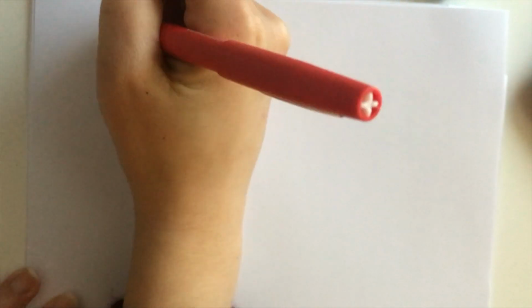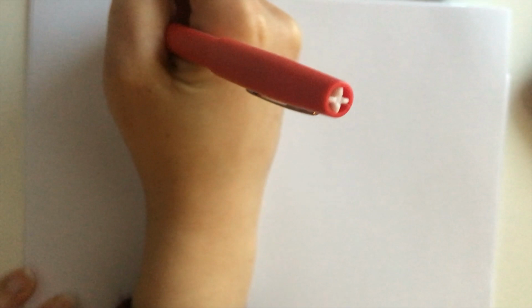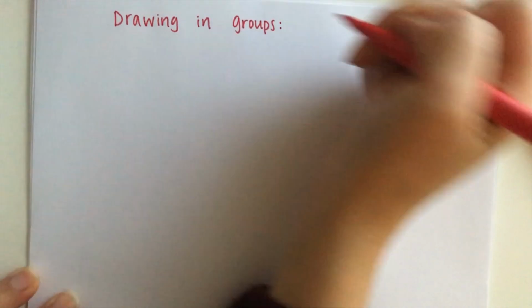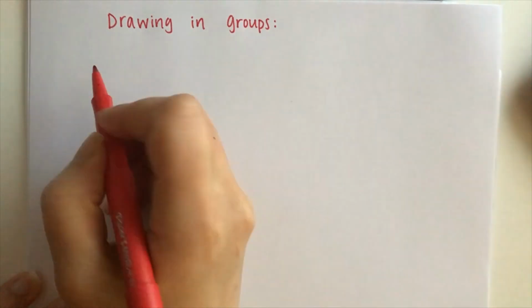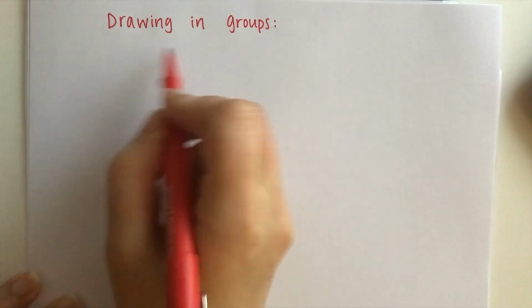Okay, the first way that we are going to do this is just like last time, and it's going to be drawing in groups. So, I remember the problem being about chairs in Miss Morrison's dance room. So it says, in the dance room, Miss Morrison put out 12 rows of chairs. So I'm going to do that, where I'm going to draw 12 rows.